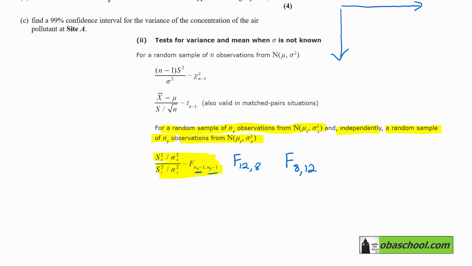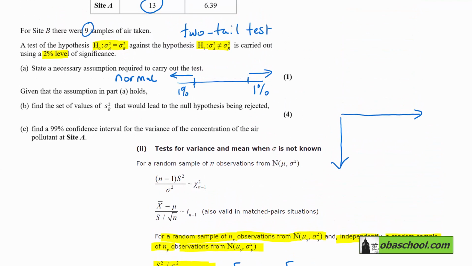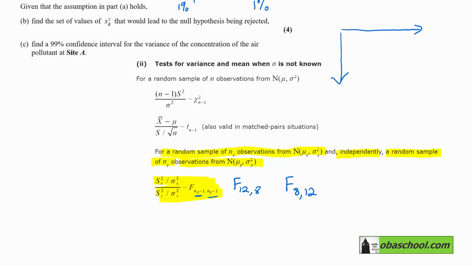Now, note that in our null hypothesis, we're assuming that the sigmas are the same. And that means that those will cancel out from our formula here. So we're looking at Sx squared over Sy squared being F 12, 8 or 8, 12. We'll look at how to deal with that in a moment. The important thing for now is that the sigmas cancel.